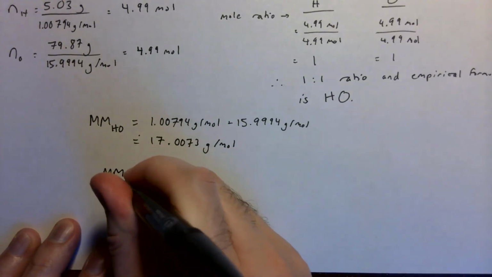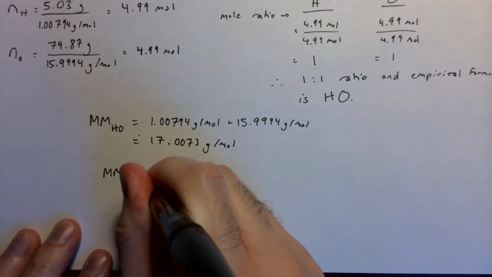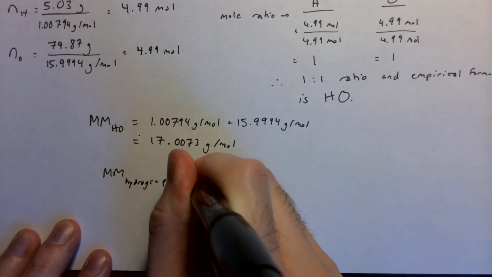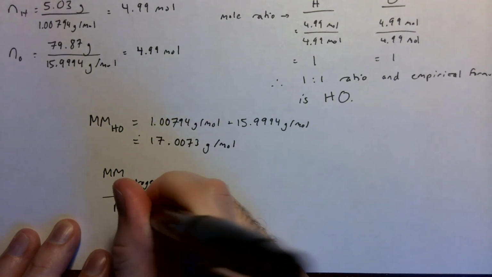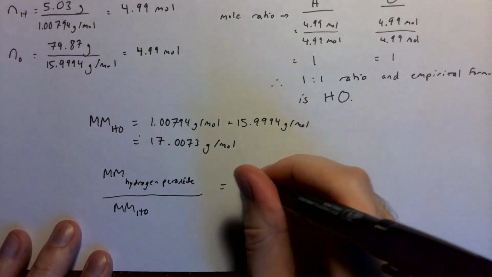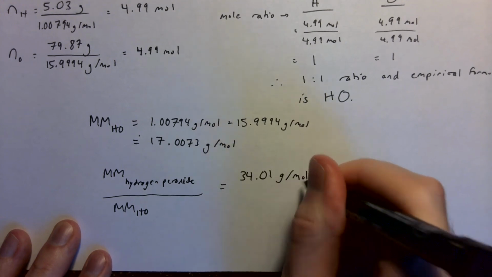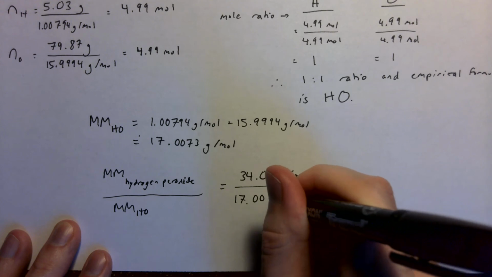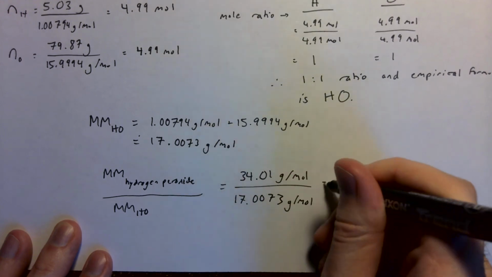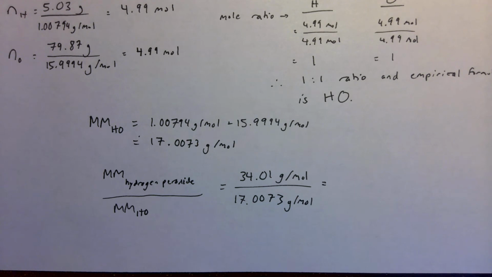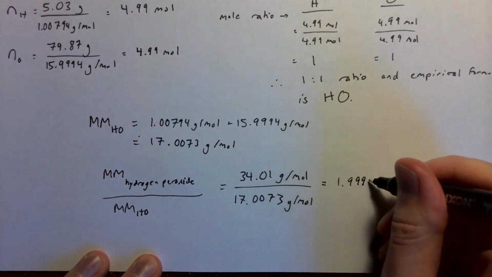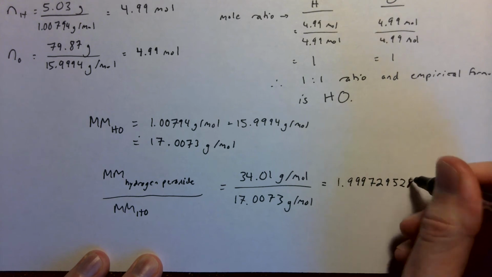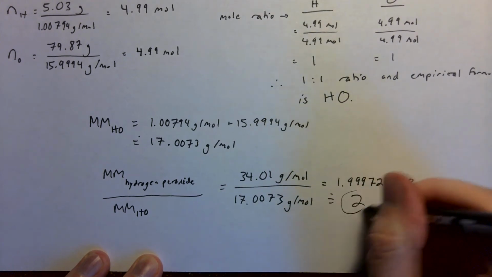So the molar mass of hydrogen peroxide, 34.01 grams per mole, divided by the molar mass of HO, which is the empirical formula, 17.0073 grams per mole. And when we solve that on our calculators, we end up with a final answer of 1.999729528, and we're just going to round that off to 2.